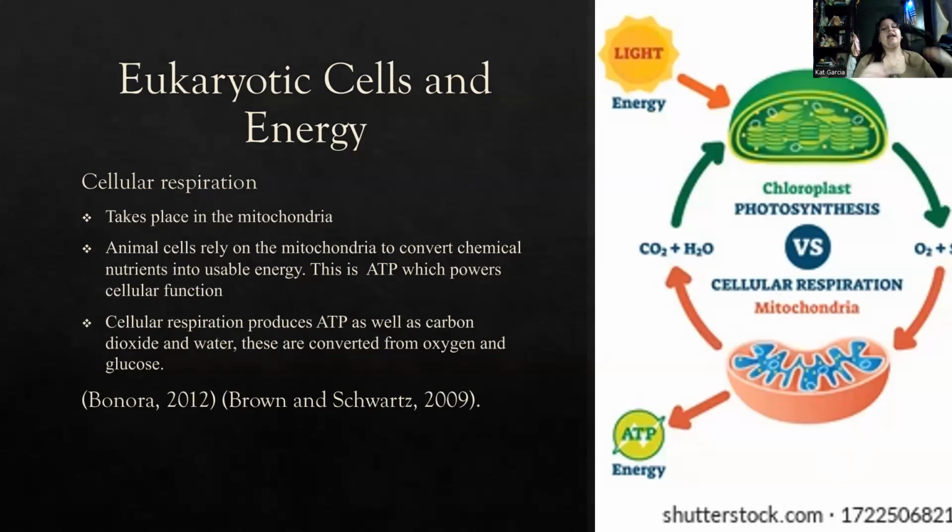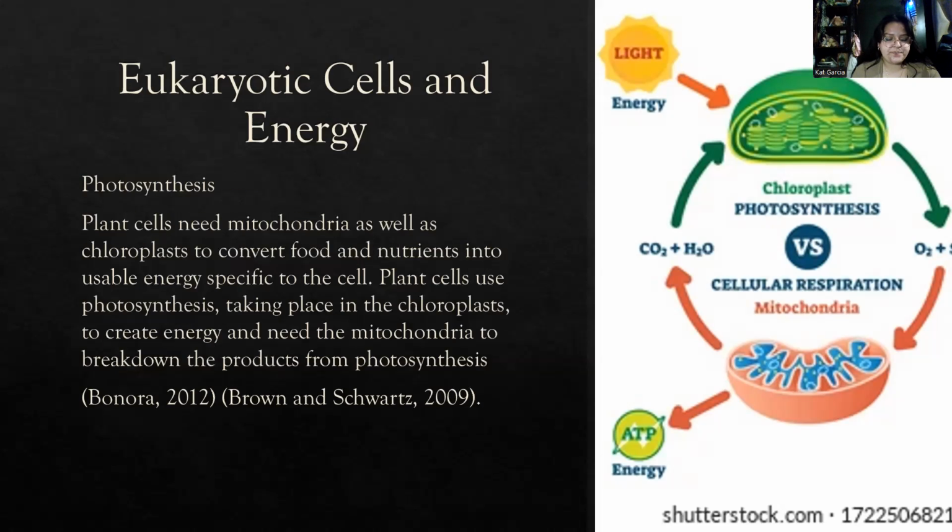And that is necessary as we go into chloroplasts, what happens in plants. Again, this is eukaryotic cells, plants, happens a little differently. So again, animal cells, mitochondria, cellular respiration, ATP is a currency of energy. So in photosynthesis, plant cells need both chloroplasts, which is where photosynthesis occurs, as well as mitochondria because it's like a two-step process.